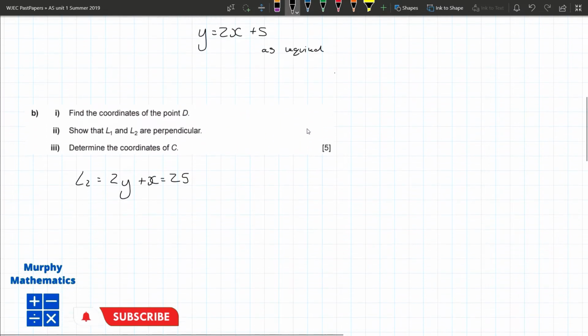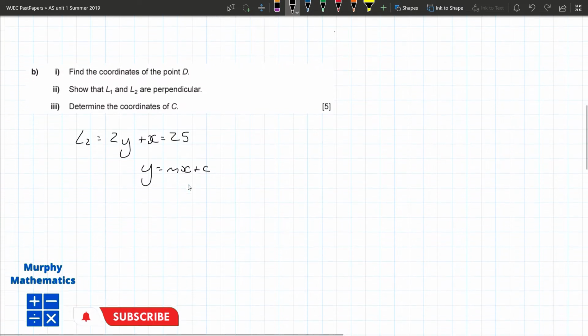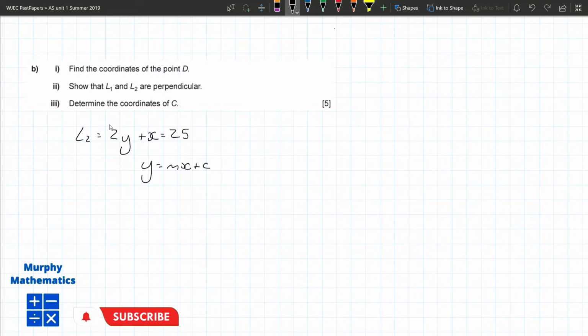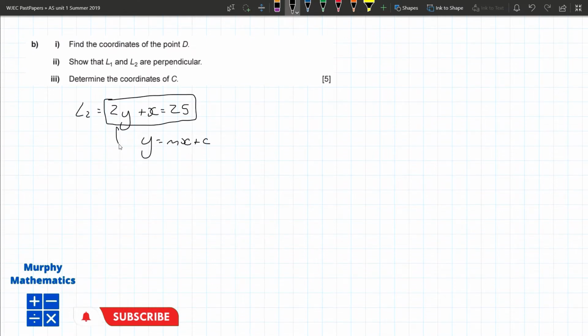So, like before when we had y = mx + c, this is the equation of a straight line. This is how we like to see it. We don't quite have it in the same way. It's written a bit differently. So I'm going to just quickly write it the way we usually deal with straight lines. I'm going to minus x from both sides, so I'm now going to have 2y, x will cancel, equals 25 minus x.